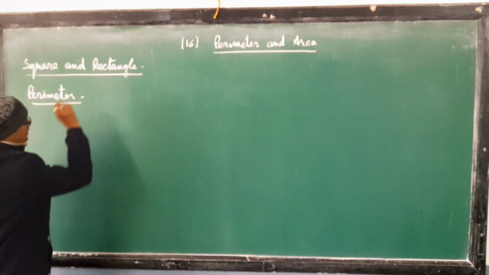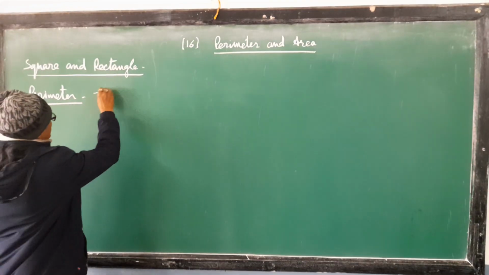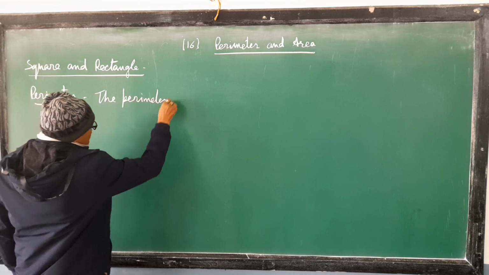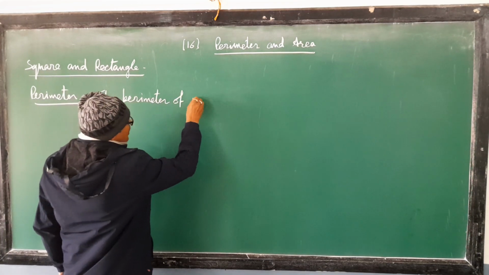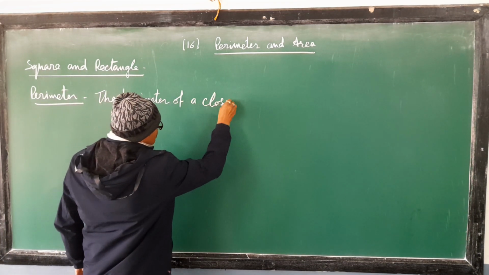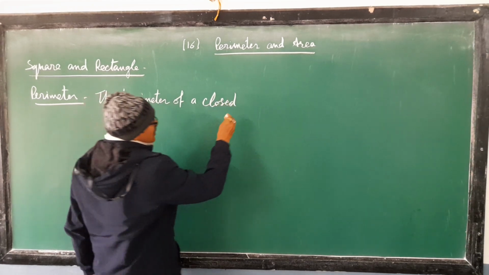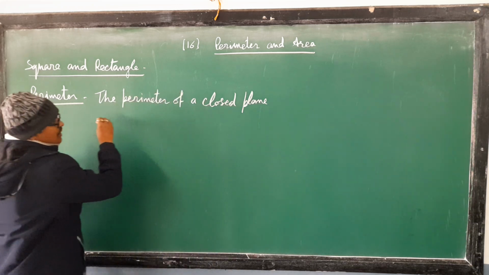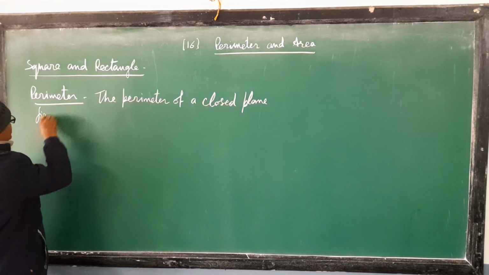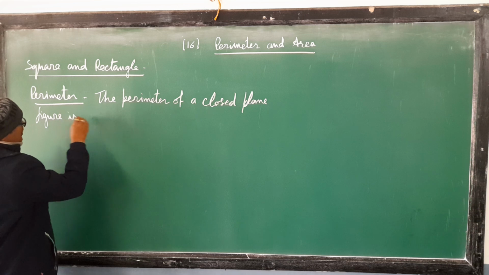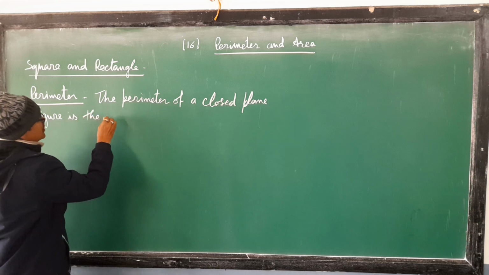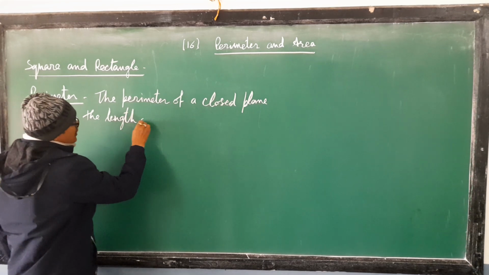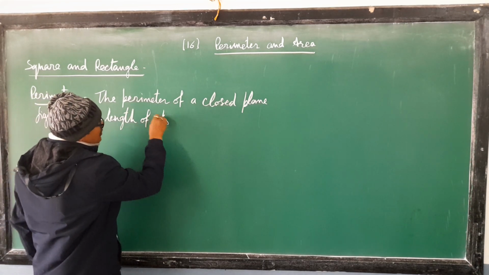Definition of perimeter. The perimeter of a closed plane figure is the length of its boundary.